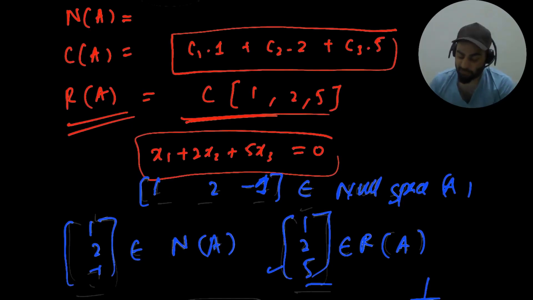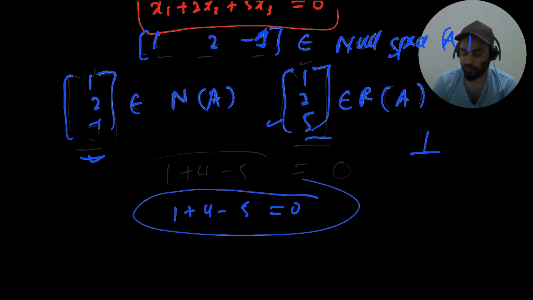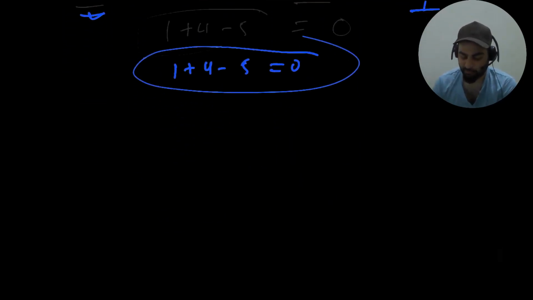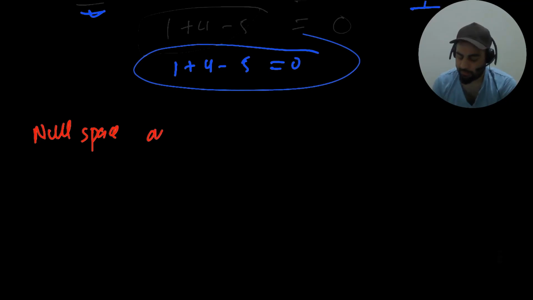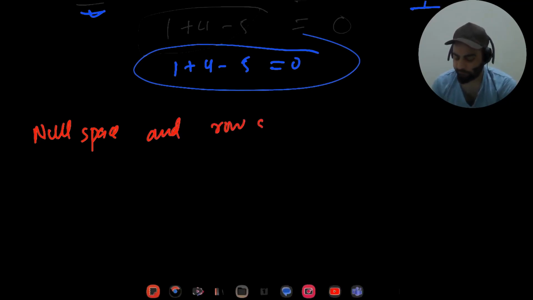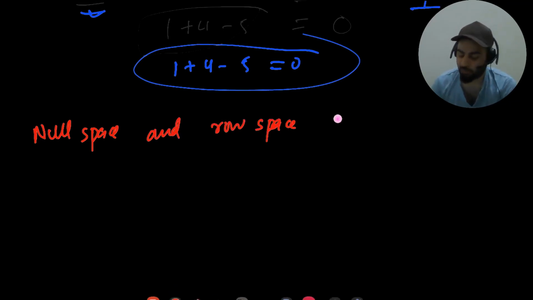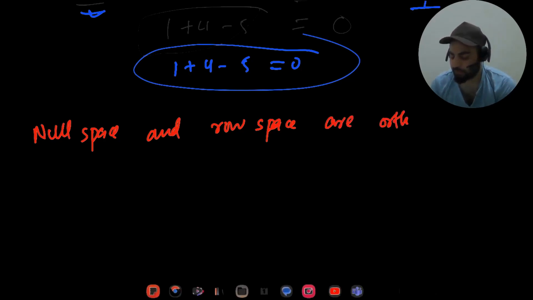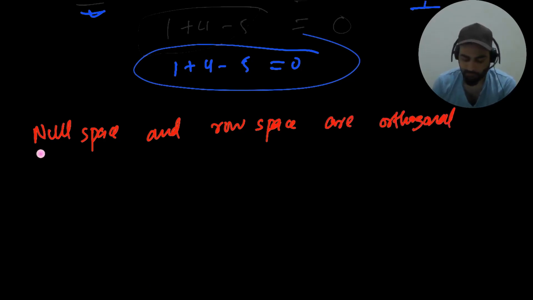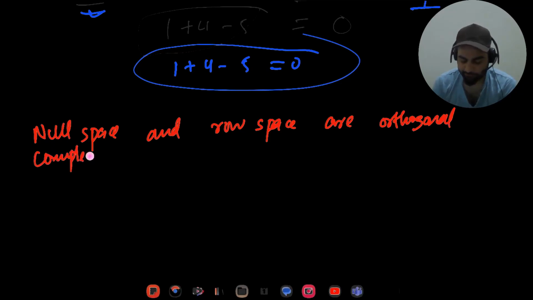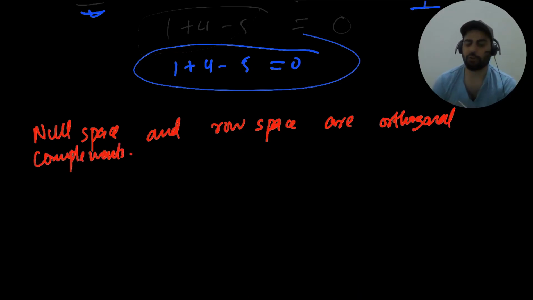Now they are not just perpendicular, not just orthogonal, they are orthogonal complements. So what I can write is null space and row space are orthogonal complements.